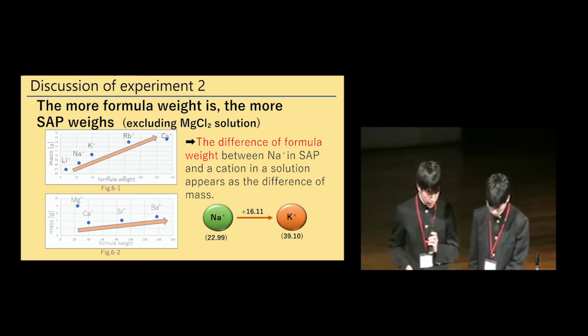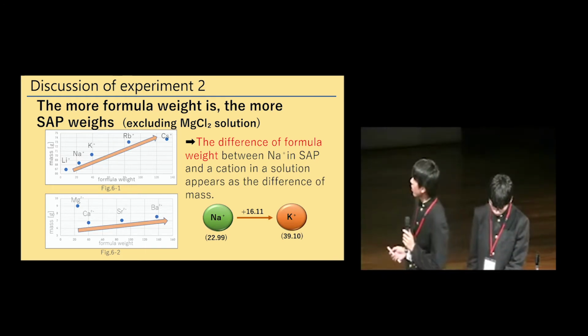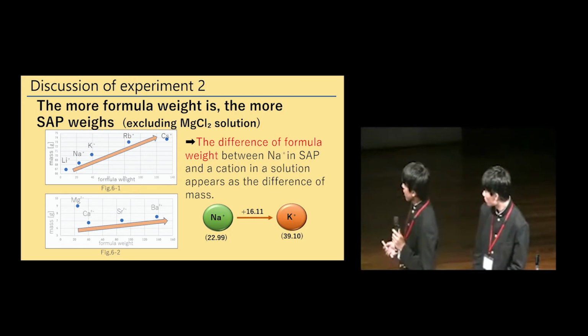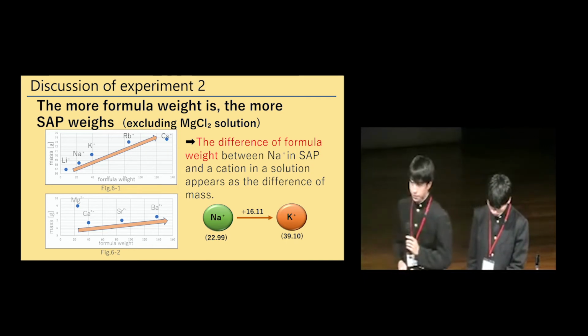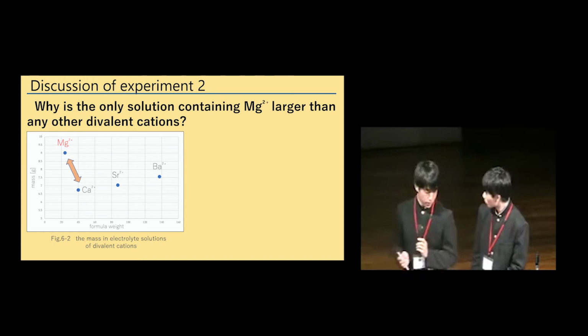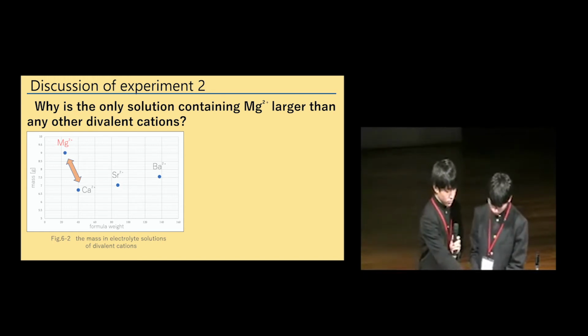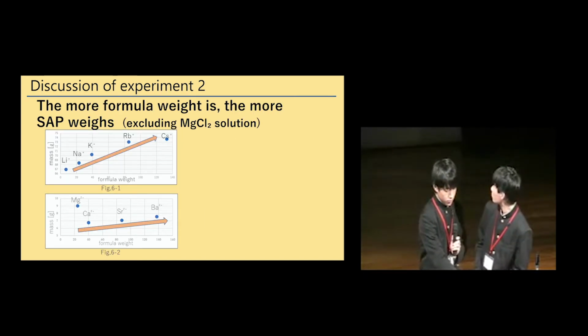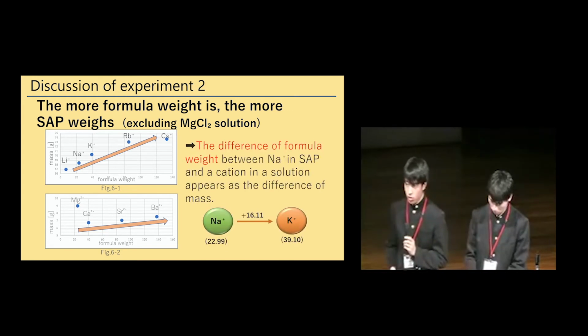Second, we can see that the more the formula rate of monovalent or divalent cation is, the more SAP weighs, excluding magnesium chloride solution. The reason is thought to be as follows.